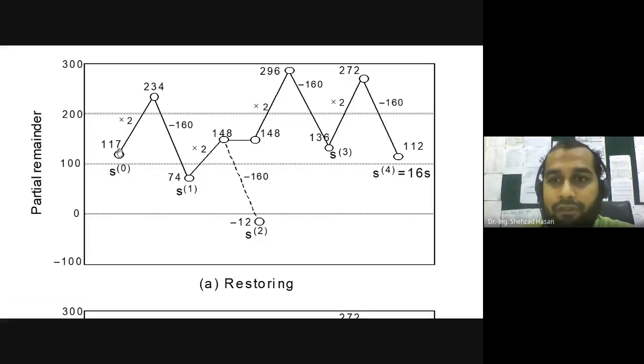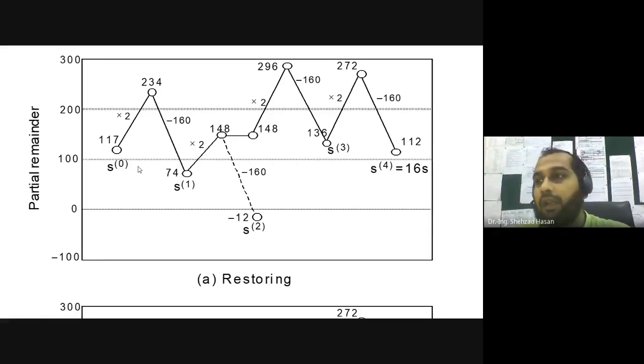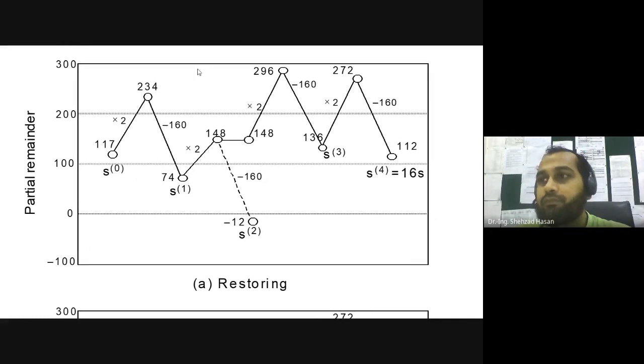The first step was to left shift. 117 left shifted by 1 is as if we multiplied by 2, so 117 becomes 234.